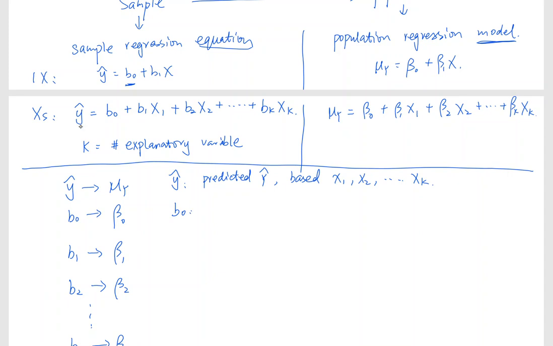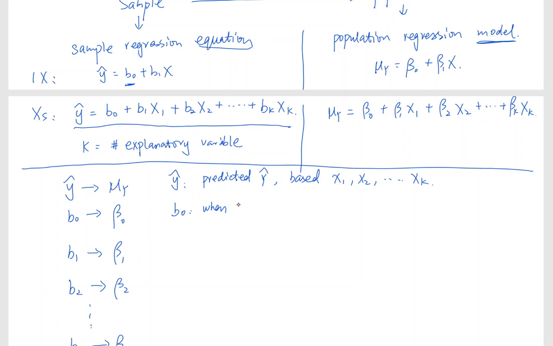But now this is our sample equation. You do not have just one x, you have x1, x2 until xk. So what does this b0 mean? It means when all of these x's are zeros, the value of y will be b0.